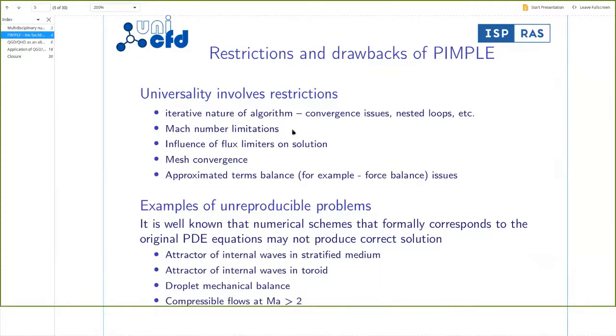We have to select flux limiters, and also there are some mesh convergence issues. Here I put 4 examples where this algorithm definitely fails. Two cases are connected with simulation of attractors of internal waves in stratified medium and in a toroid, 1 case is connected with droplet mechanical balance, and 1 case with compressible flows at Mach number larger than 2.